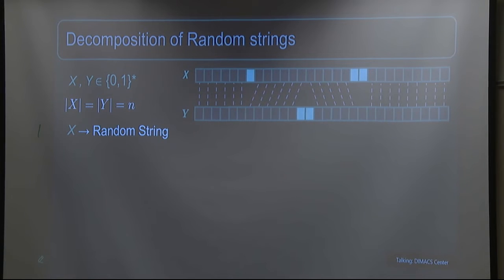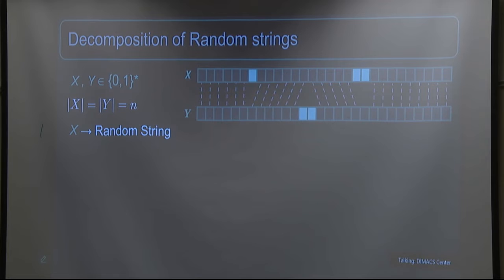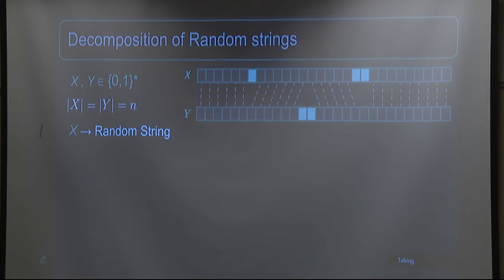Now I'll move to the decomposition, how we do our decomposition. I will start with the decomposition of random strings first. Suppose the strings are binary and X is a random string.